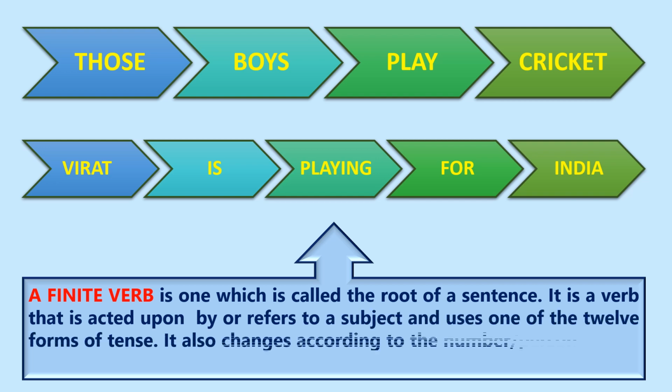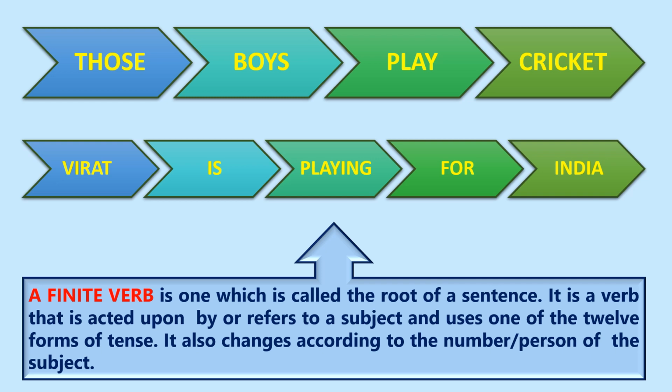They are the verbs that refer to a subject, and the main thing is they use one of the 12 forms of tenses. Okay, they also change according to the number and person of the subject. Meaning, we have 12 tenses like 3 simple tenses, 3 progressive or continuous tenses, 3 perfect tenses and 3 perfect continuous tenses. So you see play can change to is playing, will play, had played, have been playing.